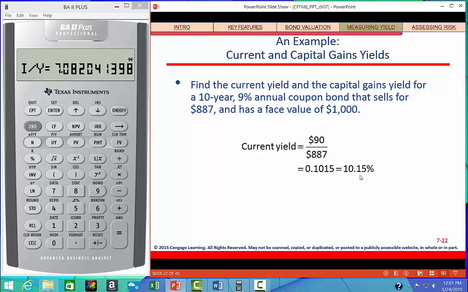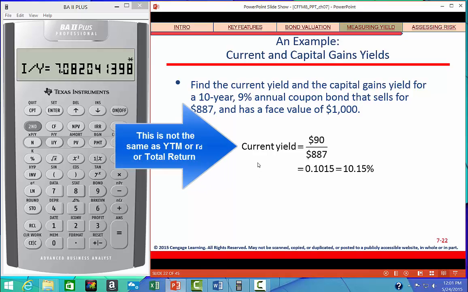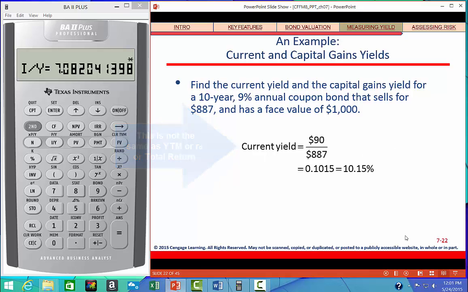So the current yield is 10.15%. And just remember, if you're doing a calculation, always distinguish the current yield from the yield to maturity. Sometimes a question will say, what's the current yield? And students try to solve for the yield to maturity, and it just messes people up sometimes.